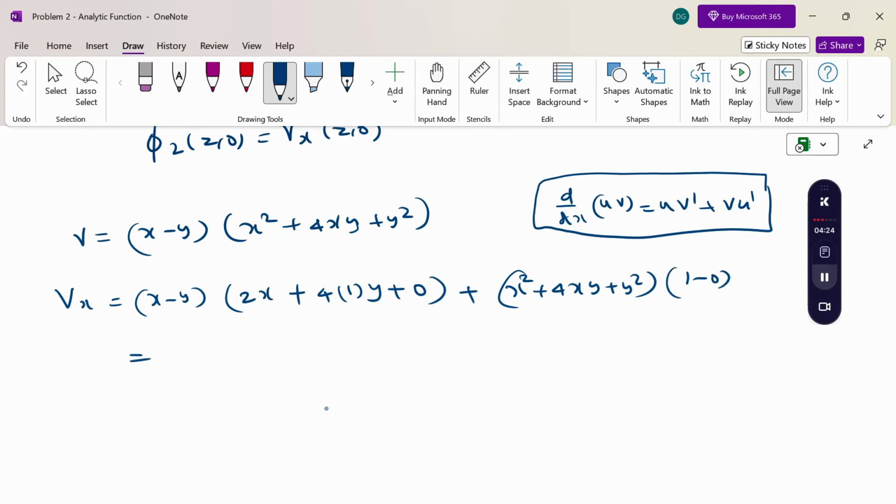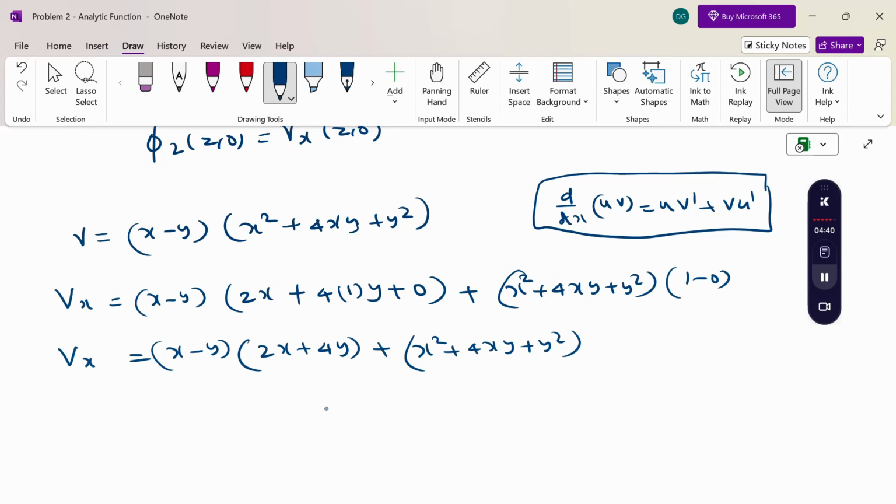Therefore, Vx equals (x minus y) into (2x plus 4y) plus (x square plus 4xy plus y square). Now this is capital Vx.